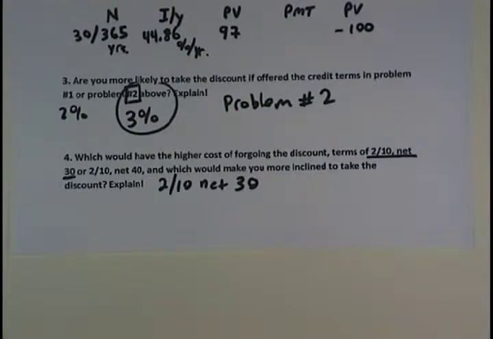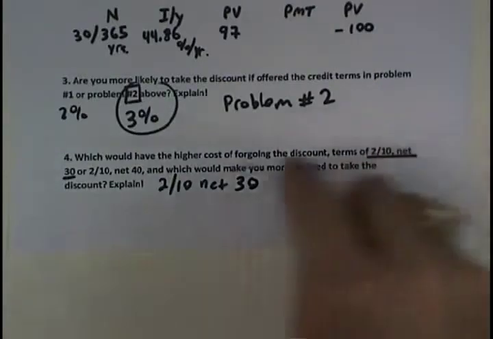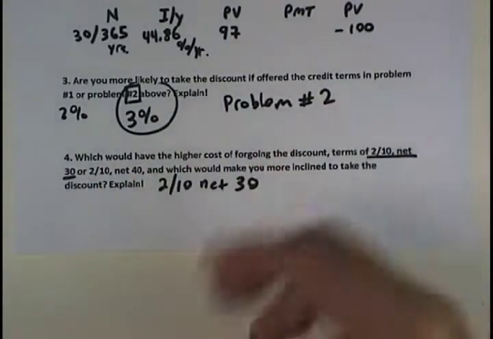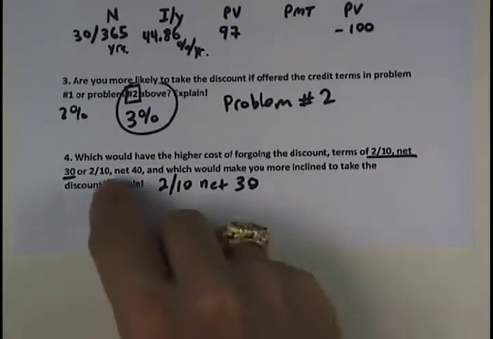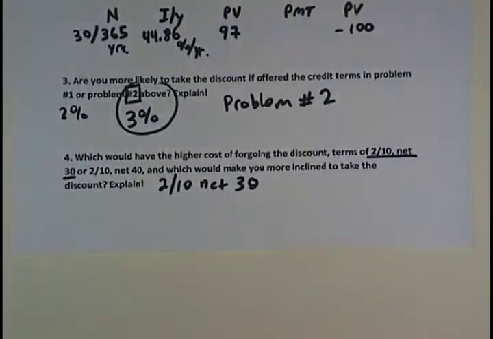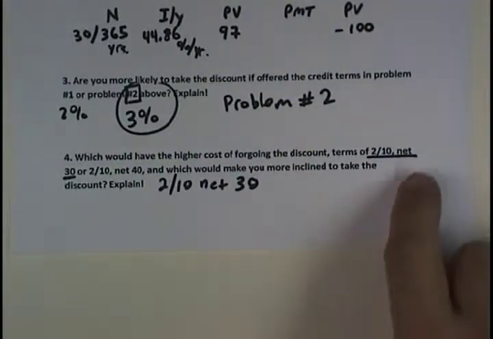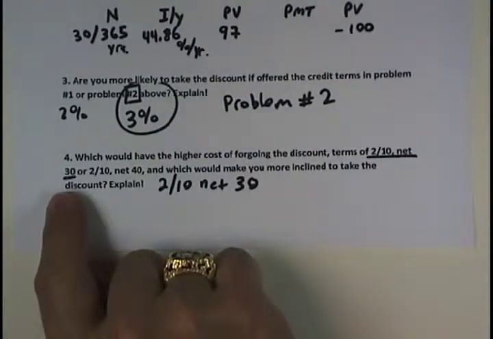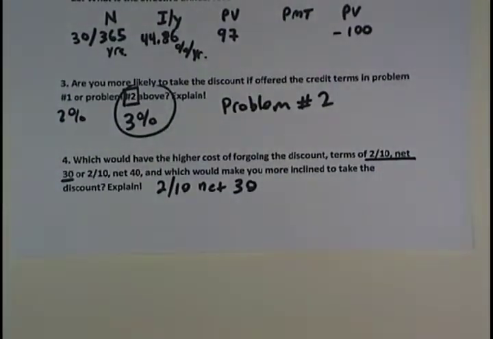Another way to think about that is if you annualize your discount on 20-day periods under 2/10 net 30 versus annualizing it for 30-day periods under 2/10 net 40, you'd be annualizing for a whole lot more periods under 2/10 net 30. You'd be annualizing based on 20-day periods, or about 18 times during the year you would annualize.